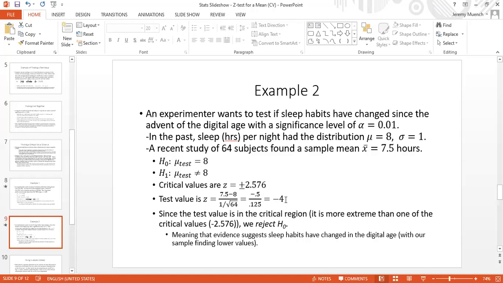Oftentimes when something's that extreme, either whatever difference you were looking for is pretty definitively there in your data, or sometimes we end up with these because someone's designing an experiment that was kind of a waste of time.